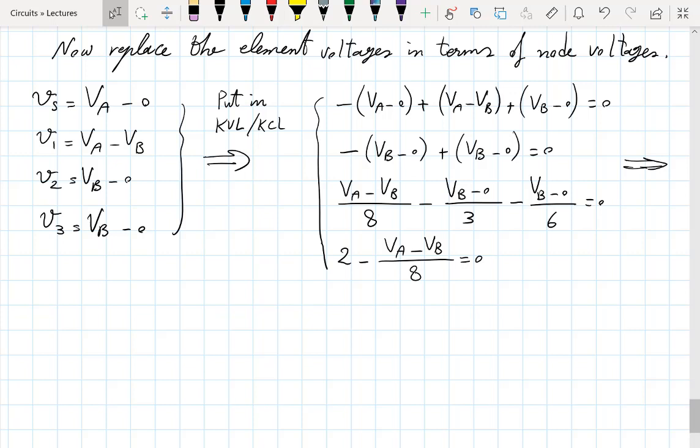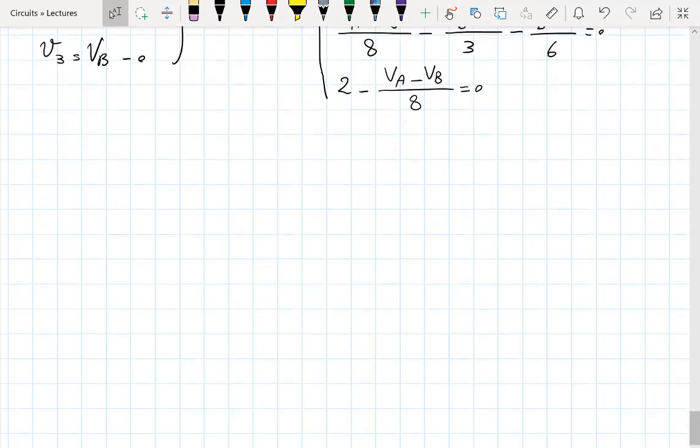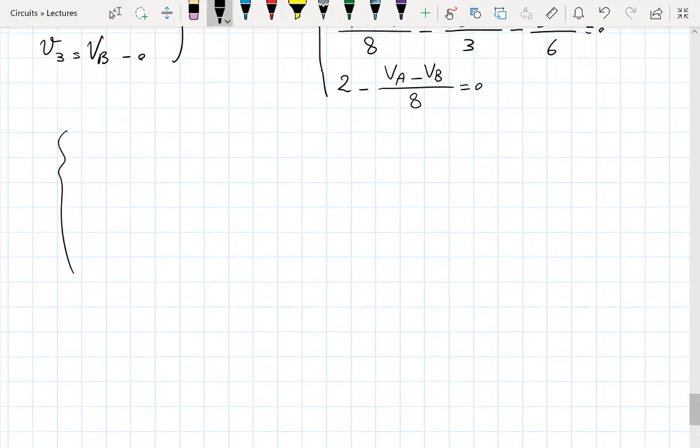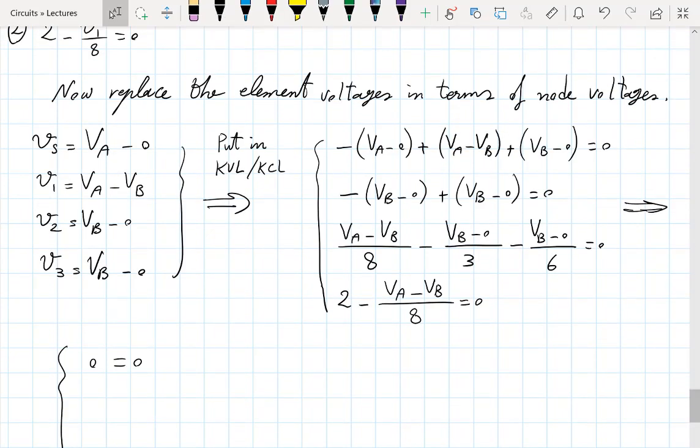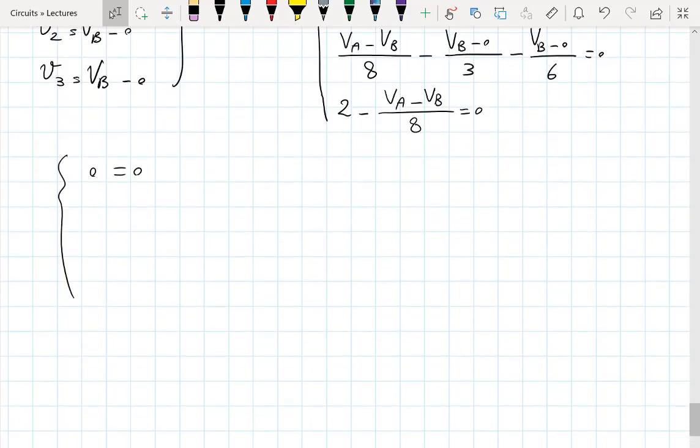That doesn't seem to be very insightful, right? That's 0 equals 0. How about the second equation? Minus VB plus VB equals 0. Also nothing maybe too special. 0 equals 0. Again, proven.